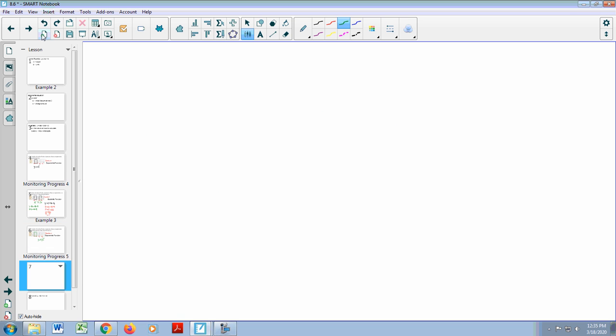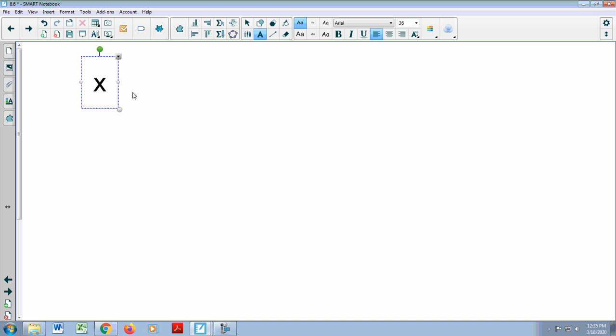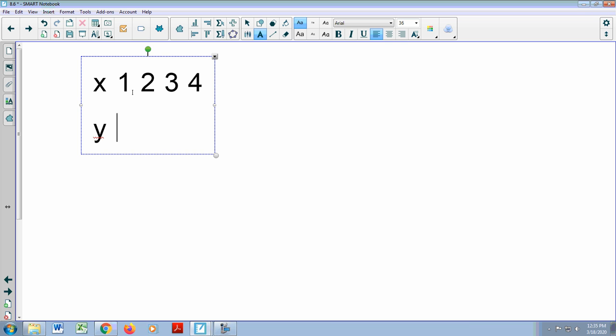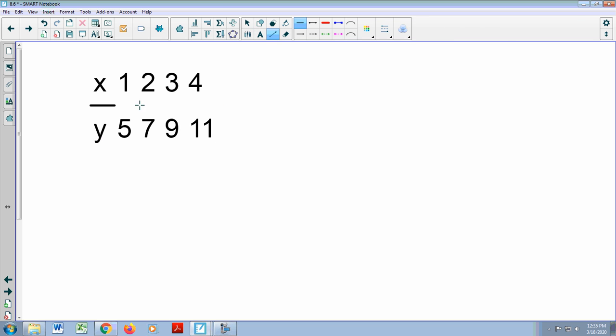I thought I had a linear one in here, but I'm just going to quickly make up a linear one. So we have x. We're going to go 1, 2, 3, 4. Y. We're going to do 5, 7, 9, 11. So, where's my line tool?